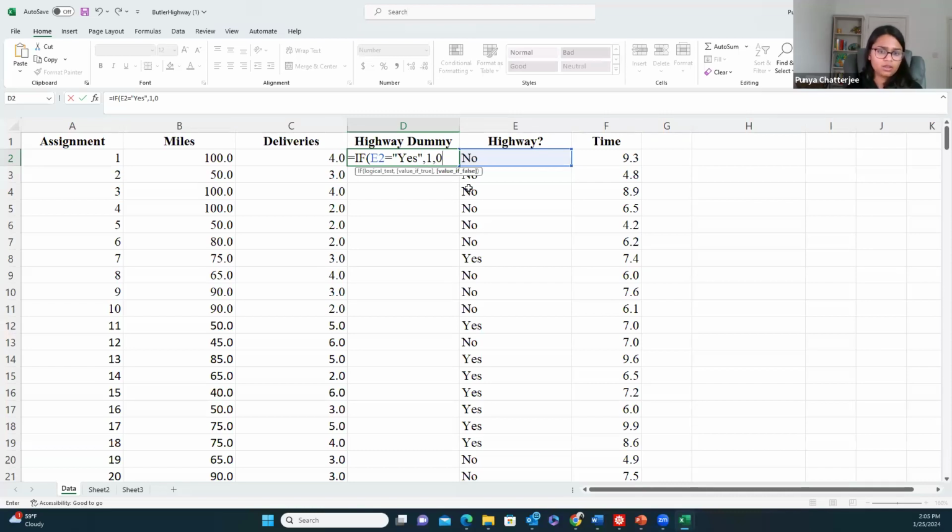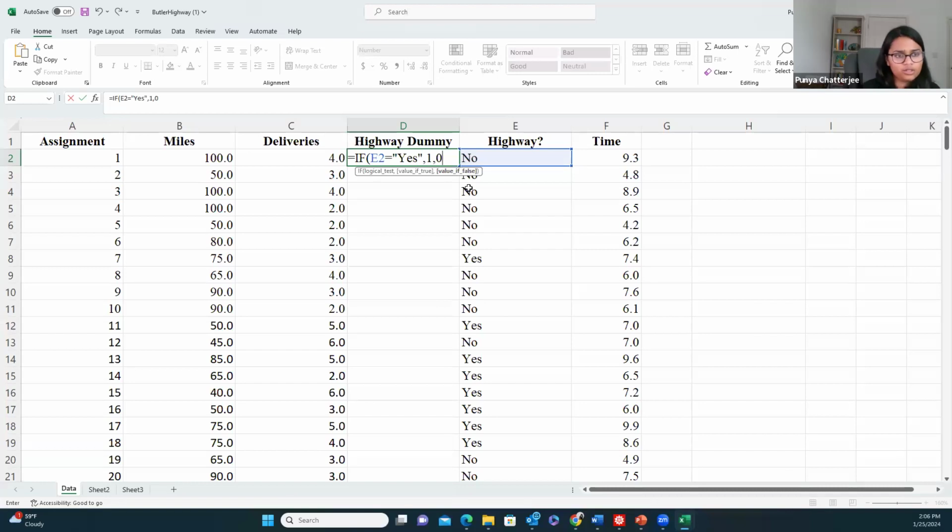It would mean the same thing. You could also code yes and no differently. But again, you have to remember and be consistent with how you are coding it and how you're reading your regression equation. So let's first understand this coding and the equivalent regression equation, and then maybe I'll tell you what happens if you code it in a different way.